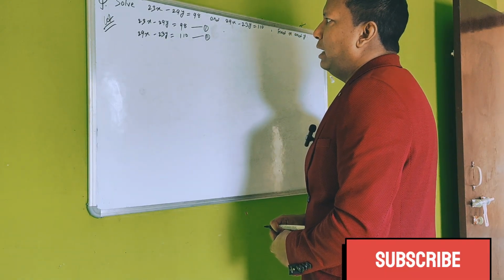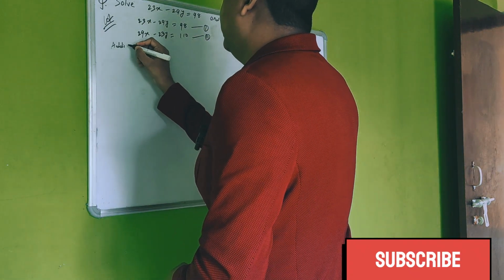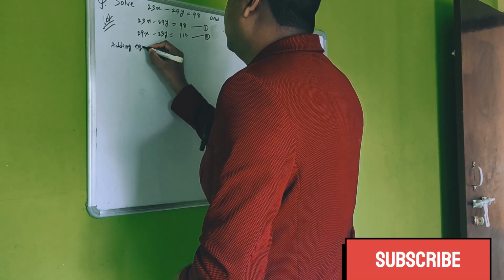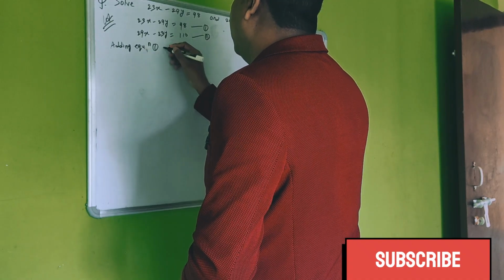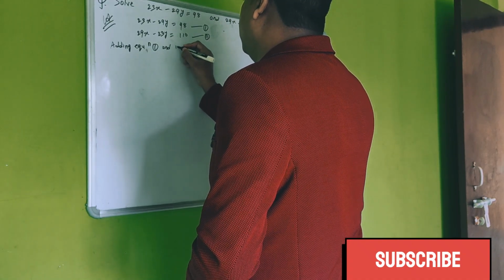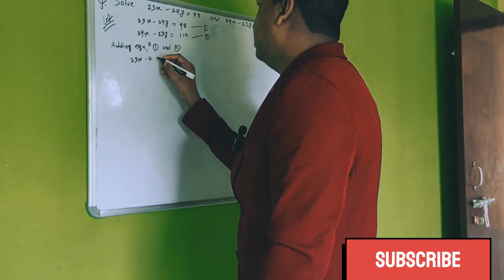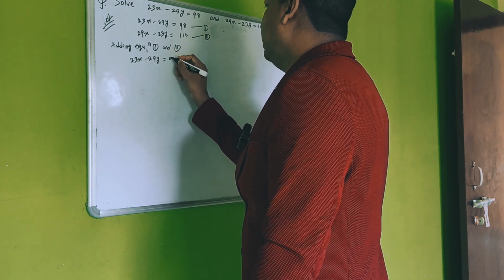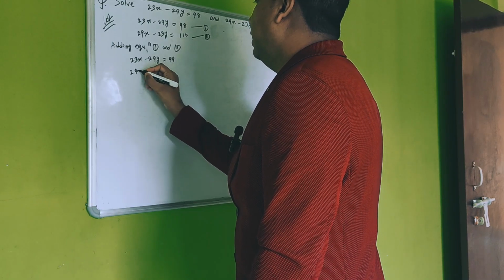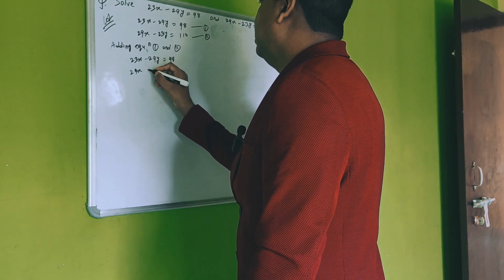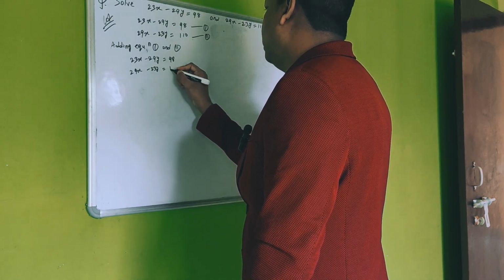For this, we need to add the first and second equations. So adding equation 1 and 2: 23x minus 29y equals 98, and 29x minus 23y equals 110.